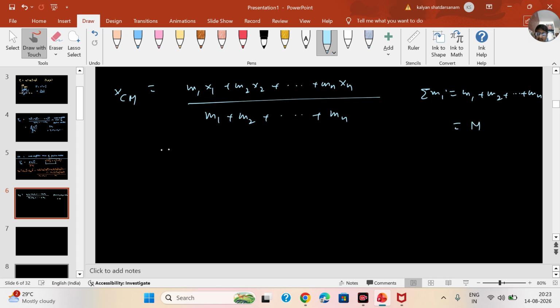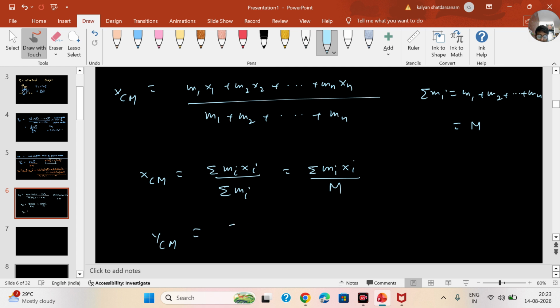So I can write now xcm is sigma mi xi by sigma mi, or you can even write it as sigma mi xi by the total mass M. Similarly, the y coordinate of the center of mass is given by sigma mi yi by M, and the z coordinate of the center of mass is sigma mi zi by total mass M. So this is how you calculate the x coordinate of the center of mass, y coordinate and z coordinate if needed.